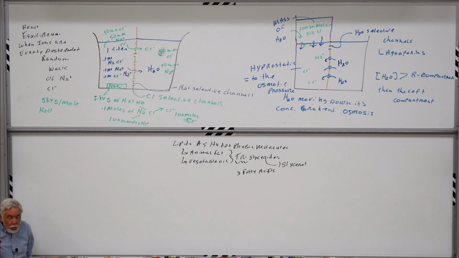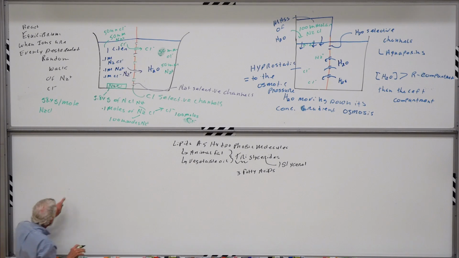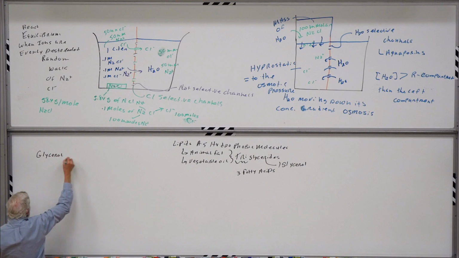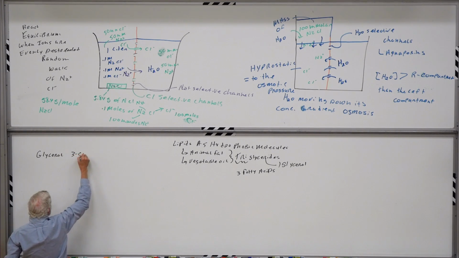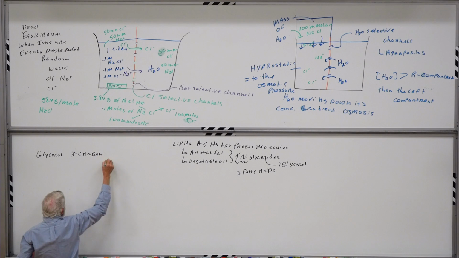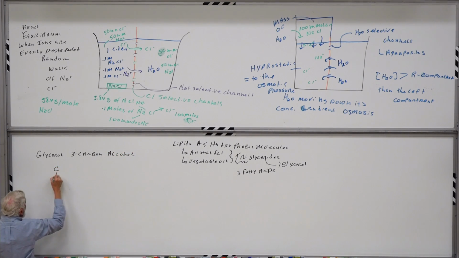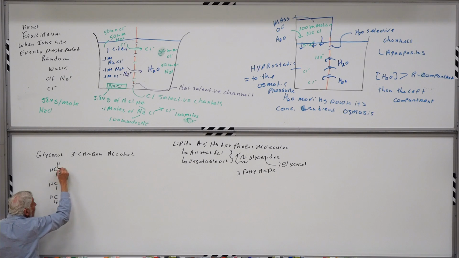Well, let's drill down into that a little bit and talk about the chemistry of the molecules we're dealing with here. We're going to start out here with glycerol. And glycerol is a 3-carbon alcohol. So there are these 3 carbons. You remember from your chemistry that carbons always have 4 bonds. To make up the 4th bond here, this is to an oxygen, and the oxygen is linked to hydrogen.